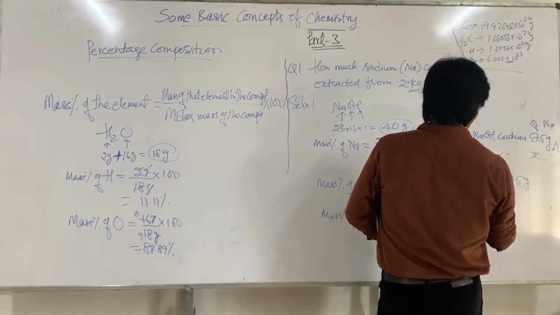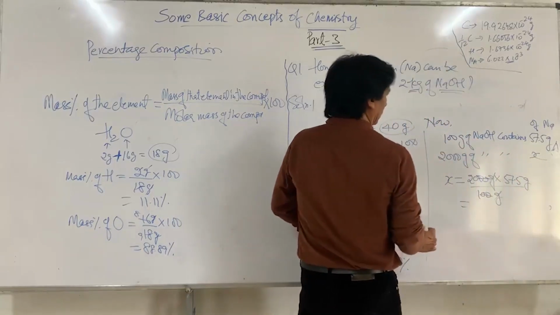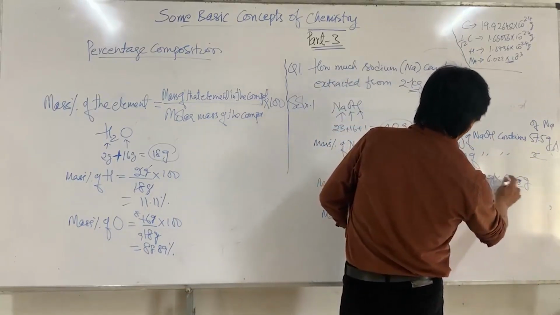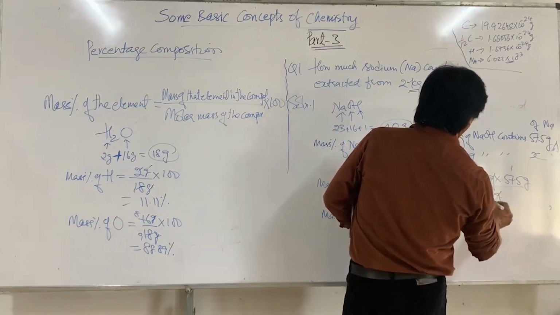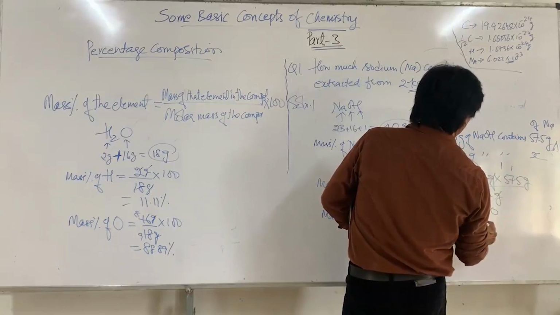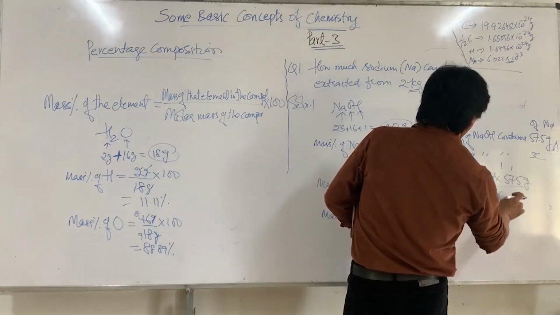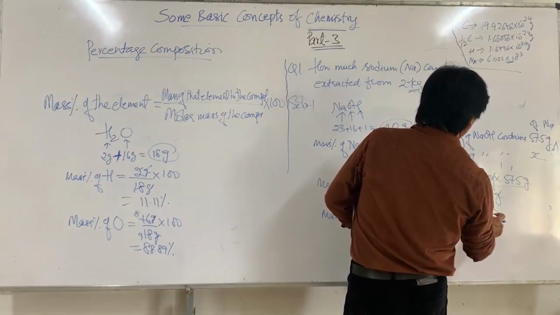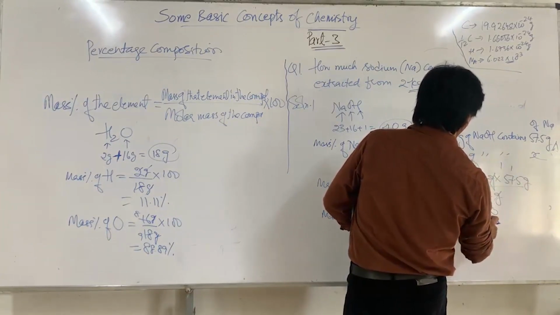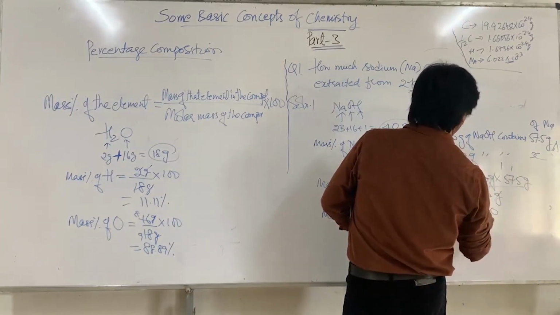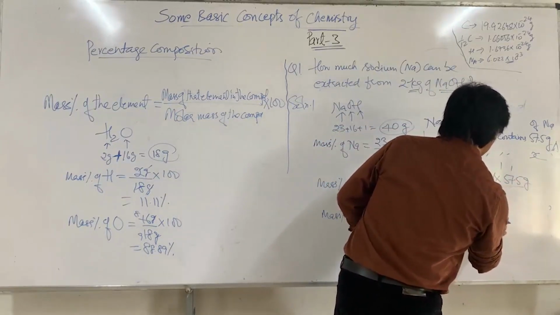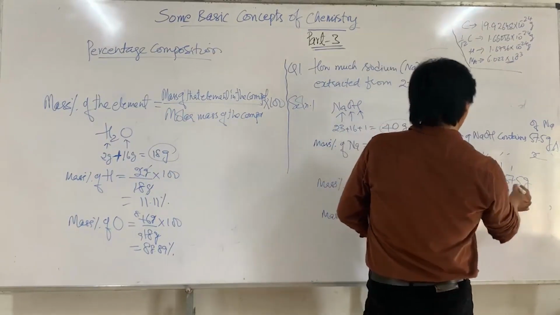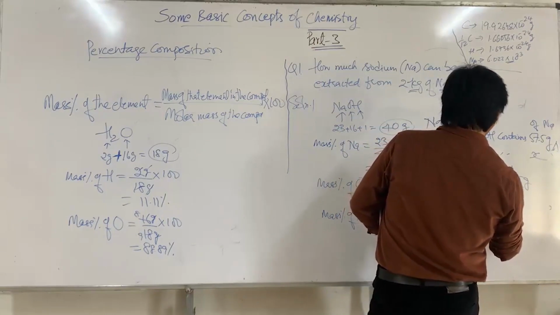The two zeros cancel. Multiplying these, the result is 1150 grams.